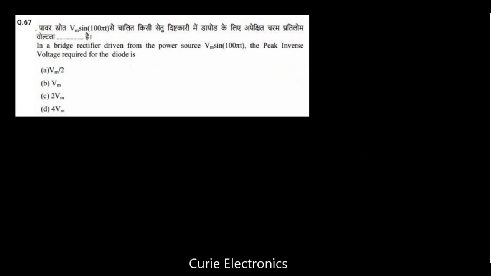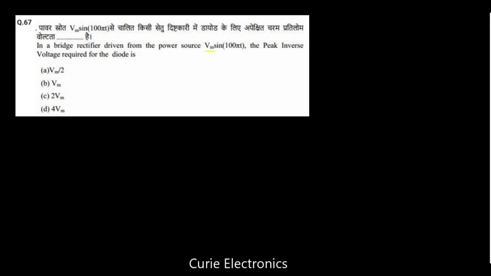Question number 67. In a bridge rectifier driven from the power source Vm sin 100 pi t, the peak inverse voltage for the diode is. In a full wave rectifier, the peak inverse voltage of the diode is the maximum voltage of the source. Vm is the peak value of the voltage.